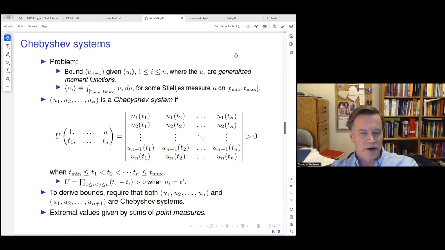If it's greater than 0 for all values of t1 through tn, then you say it's a Chebyshev system.